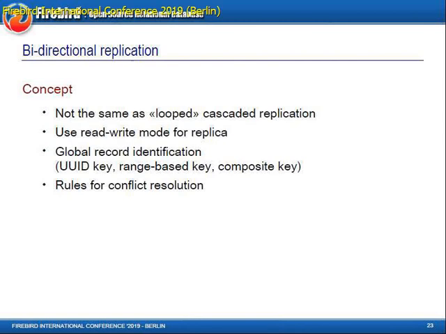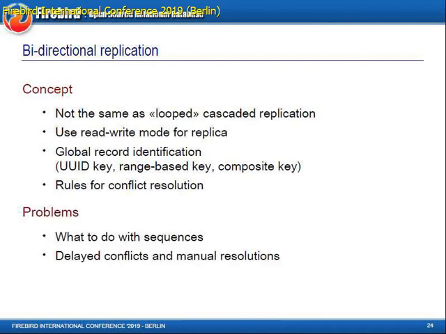They get different record versions from different servers and decide which one should be used as the final result. Here we have delayed conflicts and manual resolution. Delayed because of the asynchronous replication, I mean, of course, because they do not appear immediately.